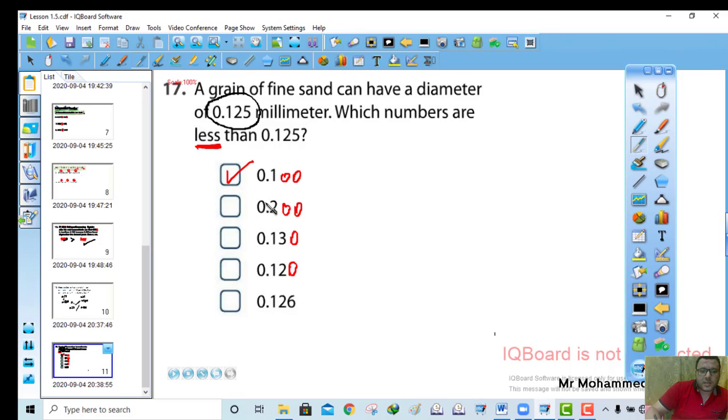Yes. Is 200 less than 125? No, so I will not take it. Is 130 less than 125? No. 120, yes, it's less. Is 126 less than 125? No. So I'm going to choose this one and that one. This one, no. This one, no. This one, no.